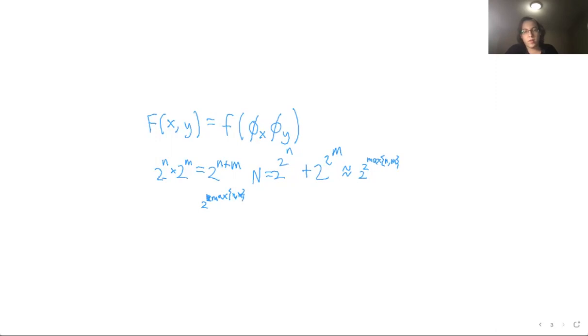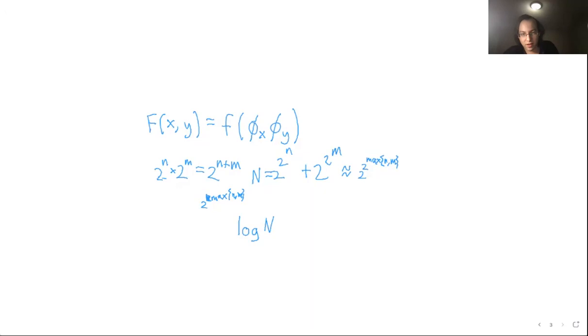So what we get here is that the number of possible input strings is roughly log N, where N is the length of the input string.